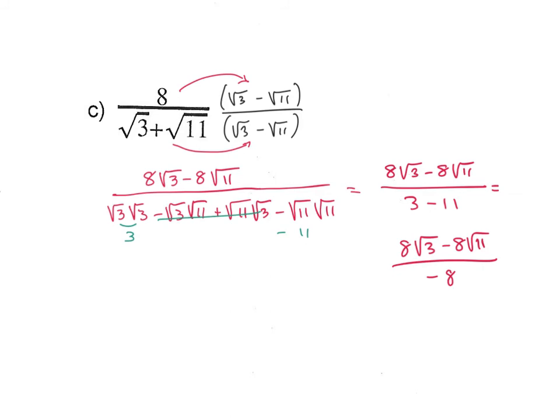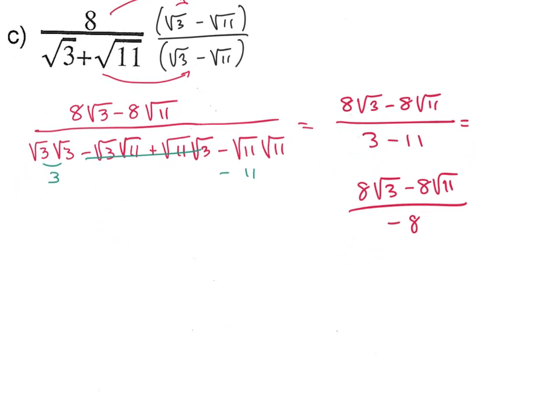Now, you may not realize this, but as we talk about breaking our fractions up, this would be a common denominator here, so we can rewrite this as two terms, and I have 8 square root of 3 over negative 8, plus, or I guess minus, 8 square root of 11 over negative 8, and that equals some simplification here. 8 over 8 becomes 1, 8 over 8 becomes 1, negative over negative becomes a positive, so I can rewrite that as negative square root of 3 plus the square root of 11.